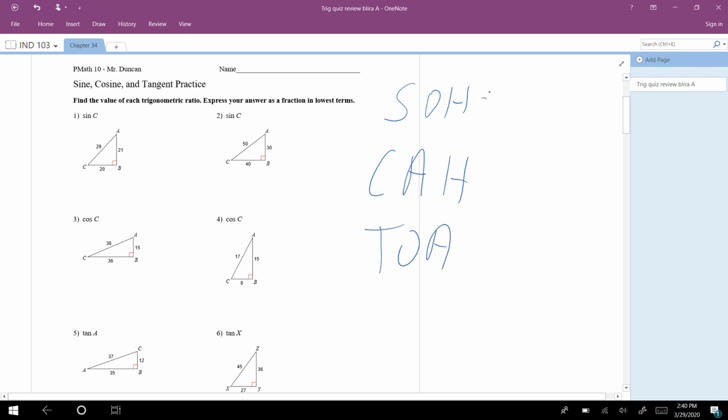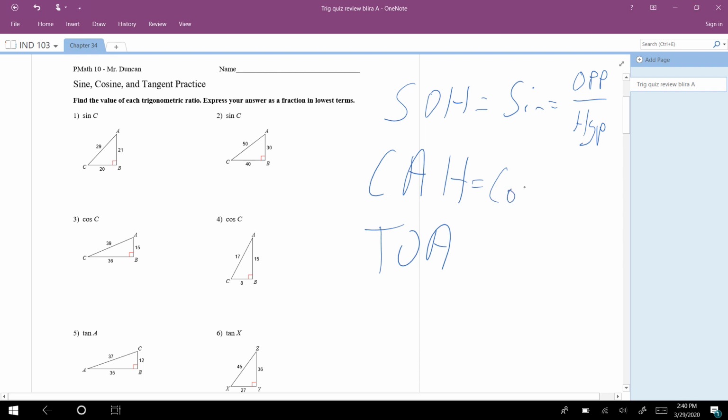So the SOH is sine equals opposite over hypotenuse. And remember, the hypotenuse on a right triangle is the longest side, and it's also opposite the right angle.